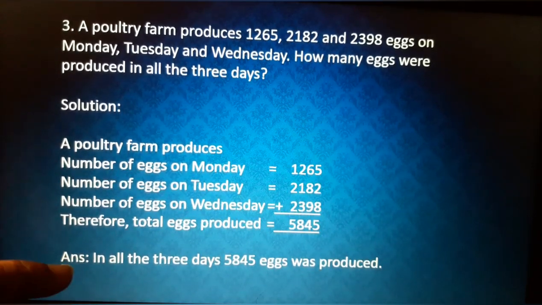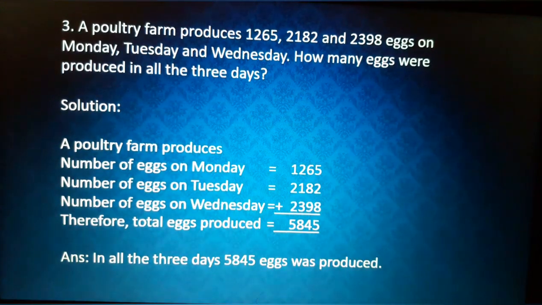If your answer is missing, you may lose 1 or 2 marks. So remember, when you are writing problem sums, each and every step is very important. Therefore is also important, the answer is also important. So in all the 3 days 5845 eggs were produced. So let us go for the next problem.